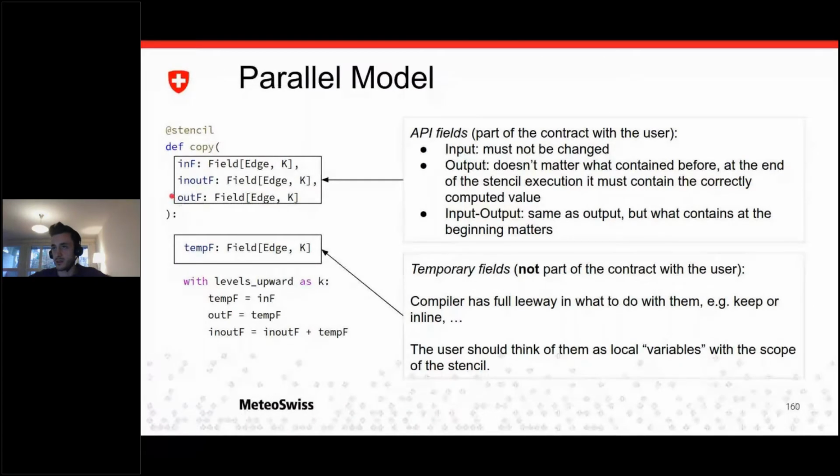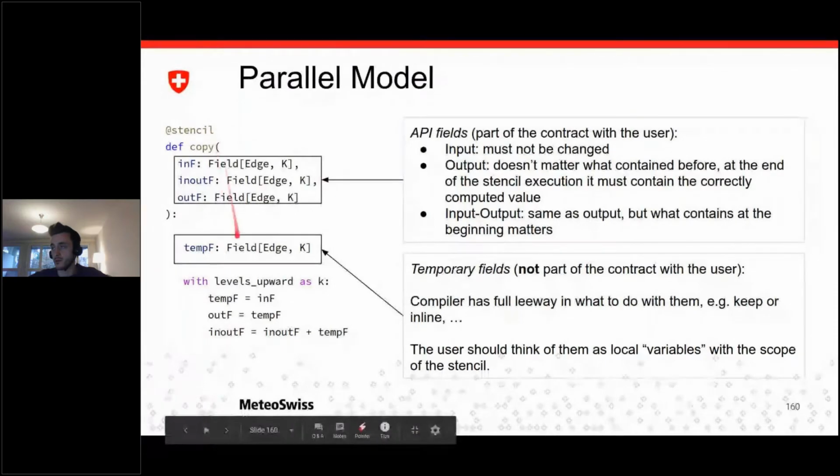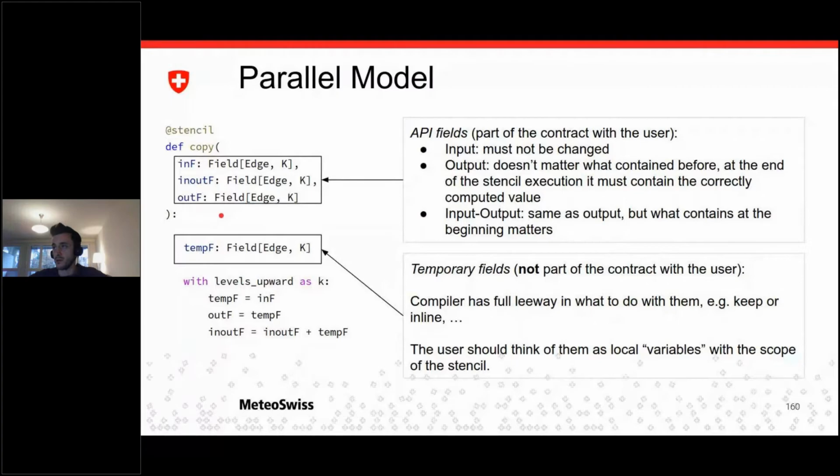It could be interesting. But in any case, the contract, once you derived the type of field, is that we don't write into input fields, of course. We write into output fields and input-output fields, and write the correctly computed value, of course. And for input-output fields, we also need to consider what was there before the execution of the stencil. So we need to read from them, of course.